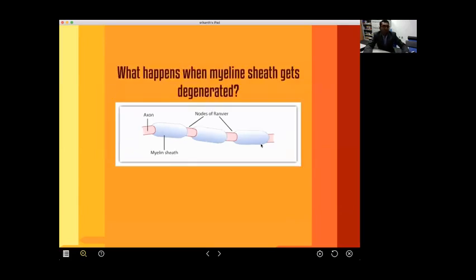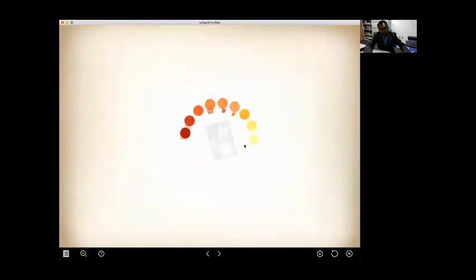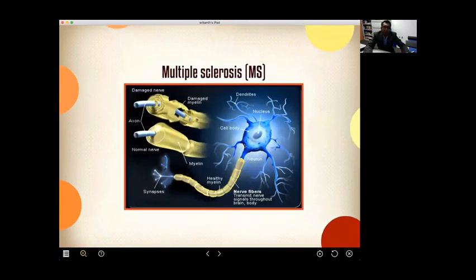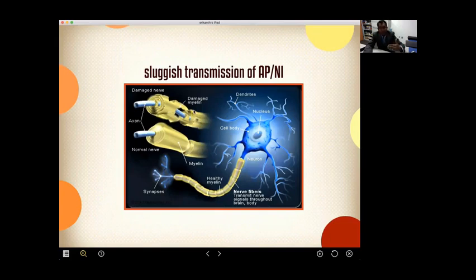What happens when the myelin sheath gets degenerated? In other words, when it's destroyed for some reason? Well, that leads to one particular condition called MS, multiple sclerosis. This degeneration of the myelin sheath covering the axon leads to a sluggish, slow transmission of information, that is, the action potential or neural impulse, along the axon.